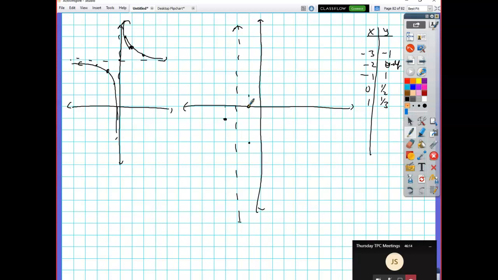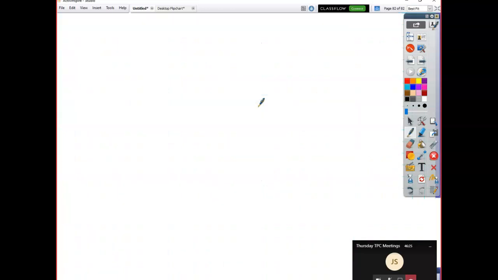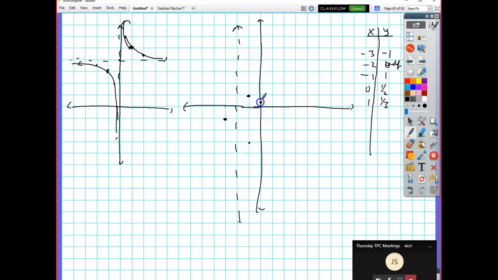And at 0, I'm at 1/2. And at 1, I'm at 1/3, then 1/4, then 1/5.